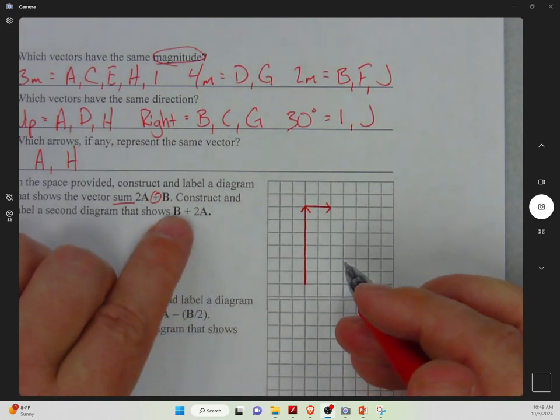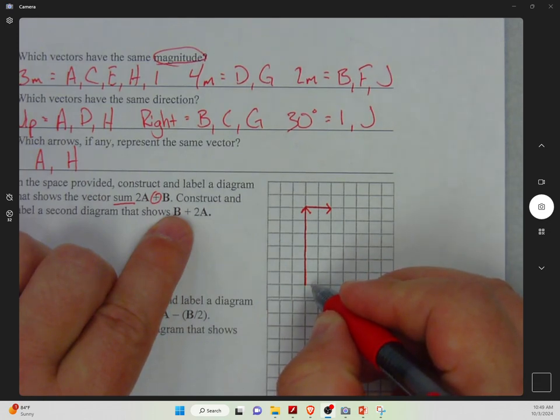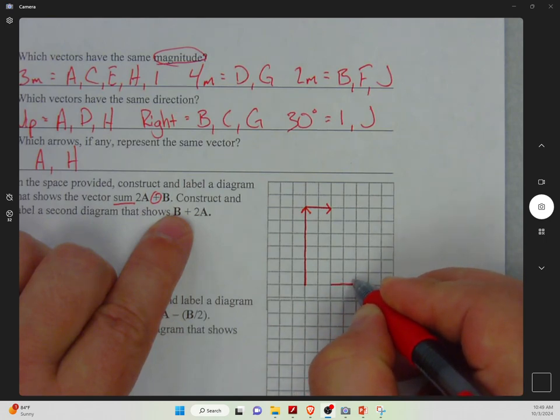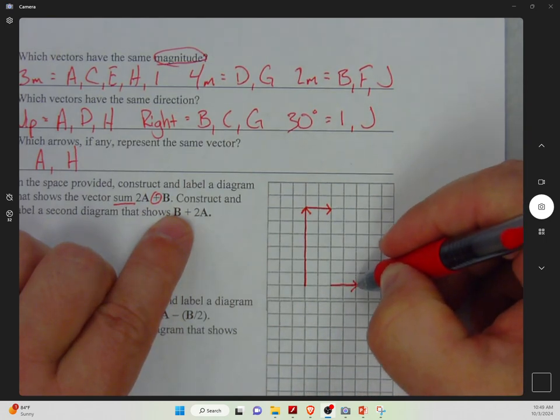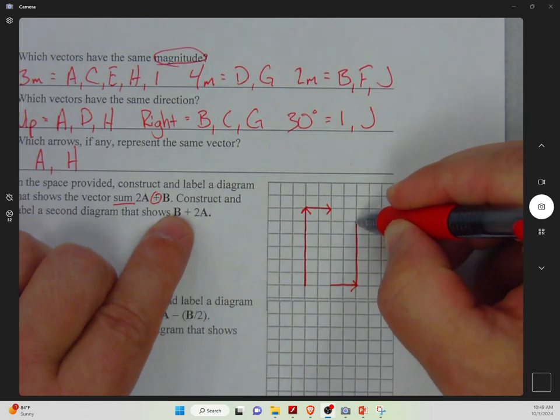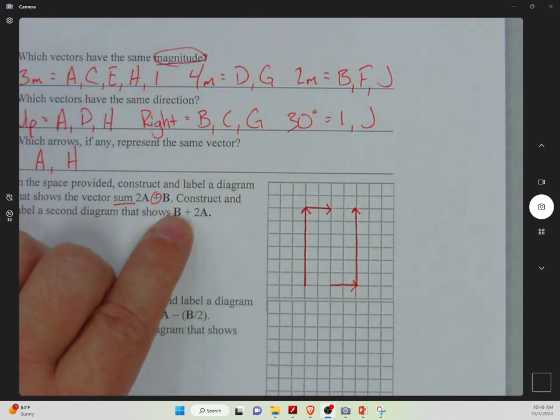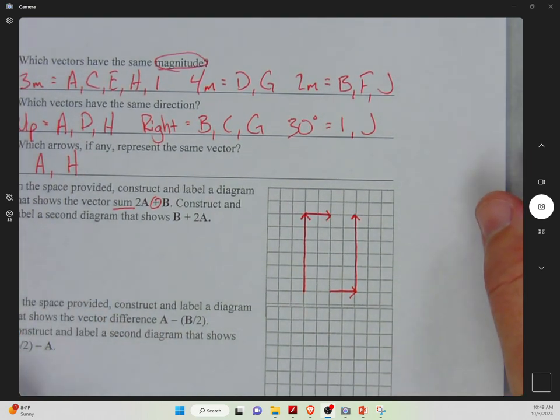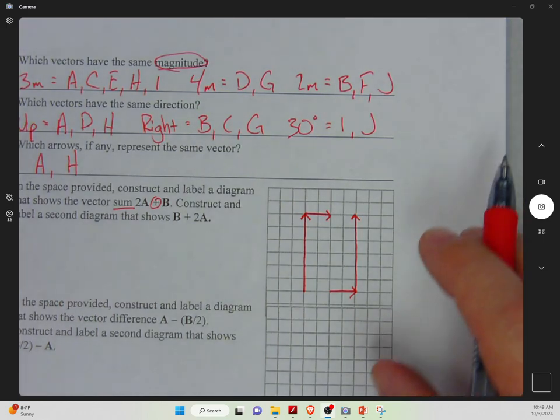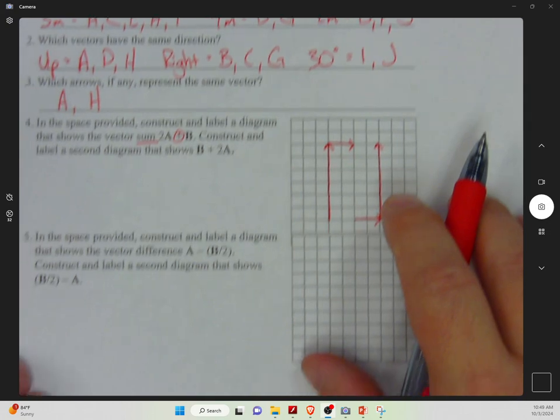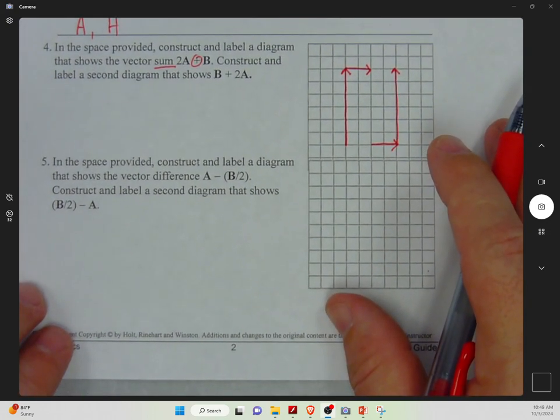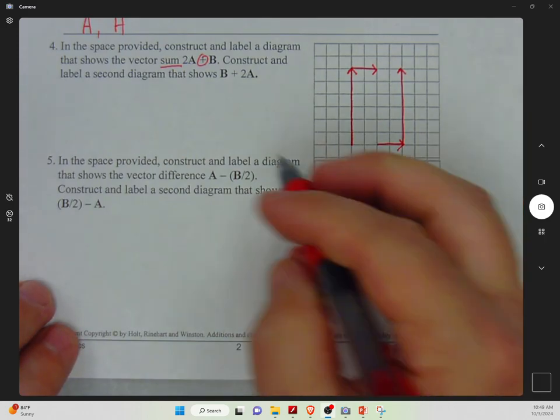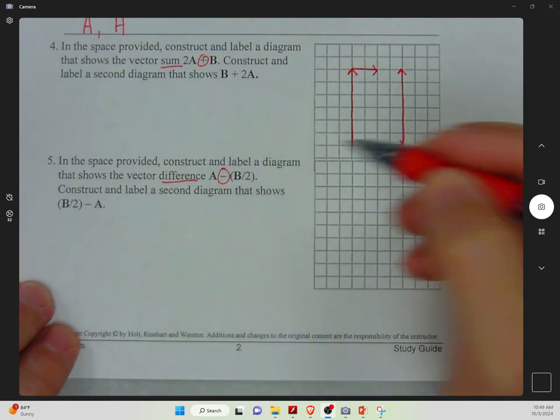Right? So B, I'll start down here. There's B. And there's the 2A. Yeah? At number 5. In the space provided, construct and label a diagram that shows the vector difference. Okay, so we're doing something different here. Difference.